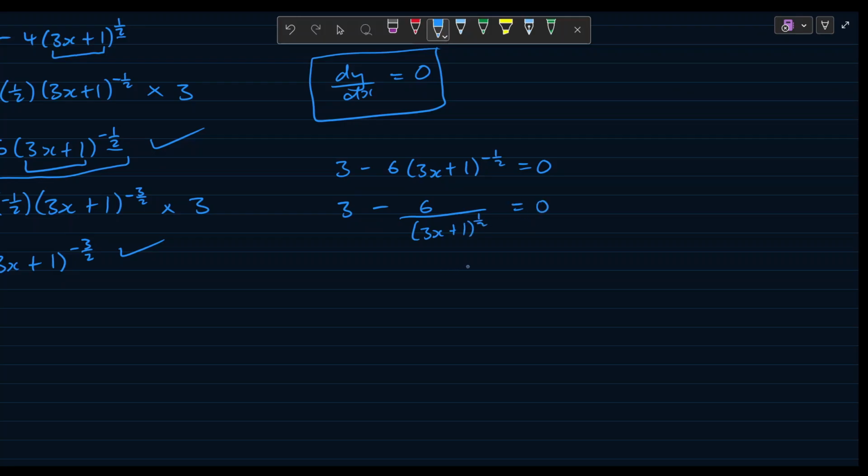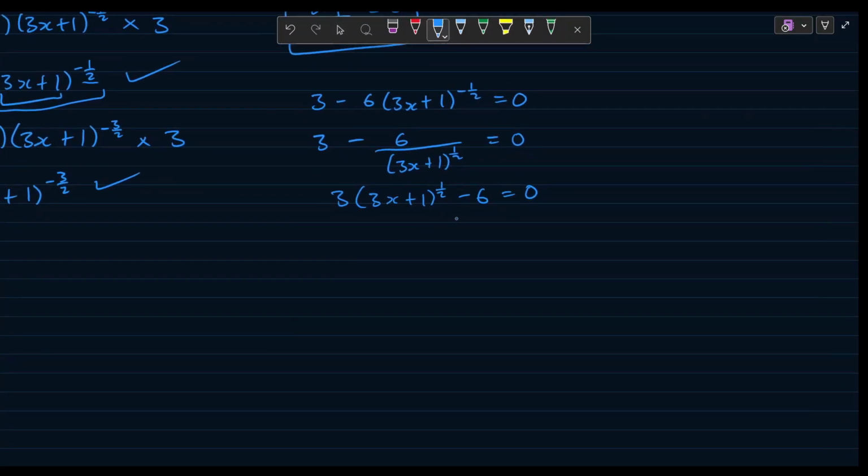So we want to start by getting rid of our denominator. To do that, let's multiply through by (3x plus 1) to the power half. So that becomes 3 times (3x plus 1) to the power half minus 6 is equal to 0. Okay, so now we need to solve for x. To do that, add 6 to both sides. 3 times (3x plus 1) to the power half is equal to 6.